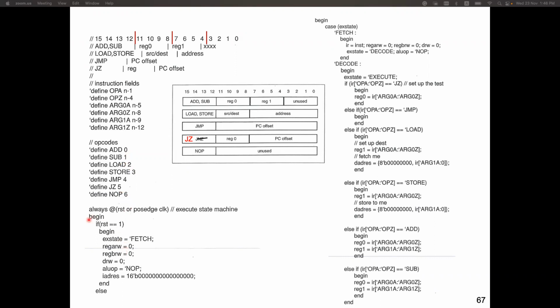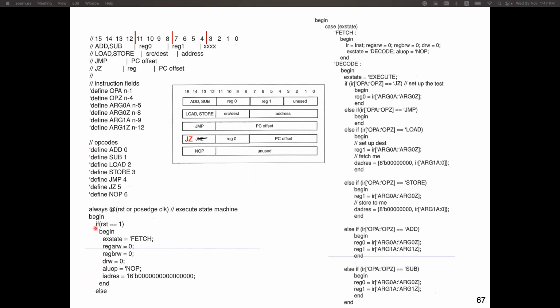Okay, now the major content of this execution unit. There is an always block. It mainly looks at the positive edge of clock, but it also looks at the reset. When this activation list is triggered, it starts this block.